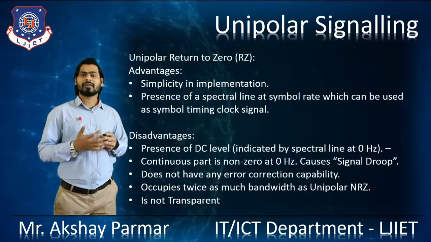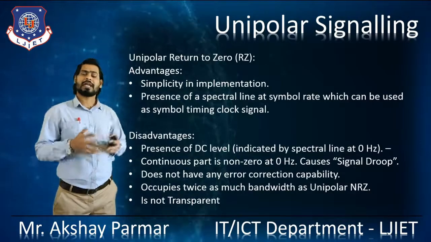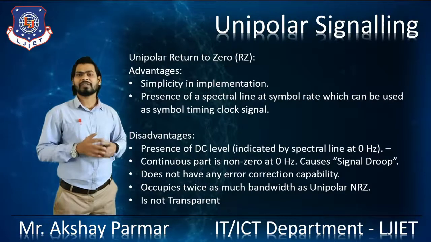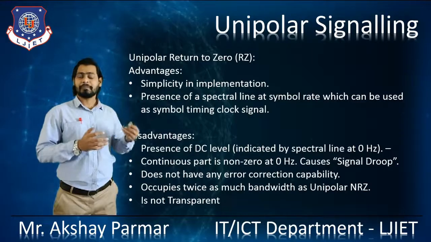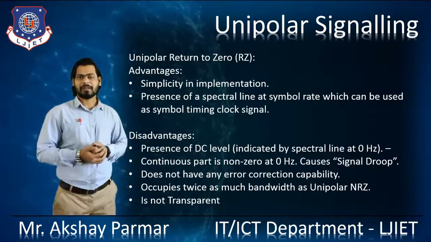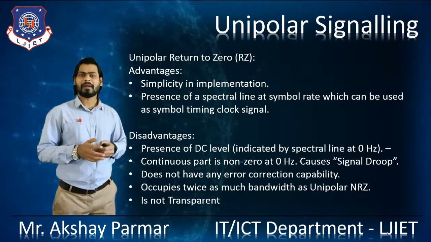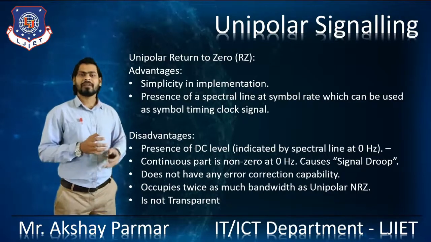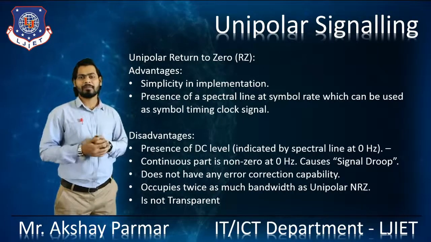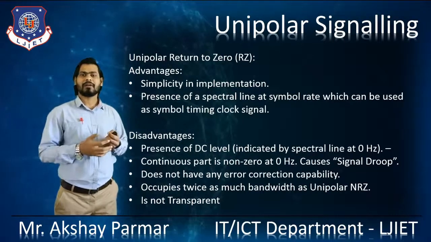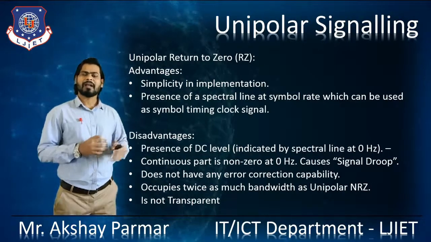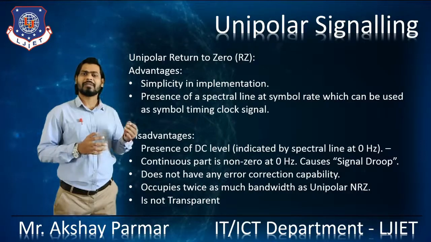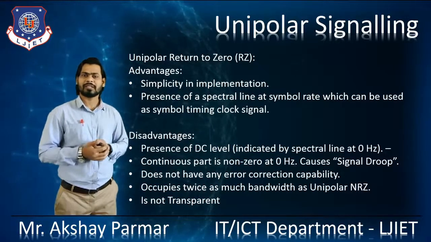So unipolar return to 0: advantages and disadvantages, because it is the RZ. Its implementation is really simple. There is the presence of a spectral line at the symbol rate, which can be used as a symbol timing clock signal.